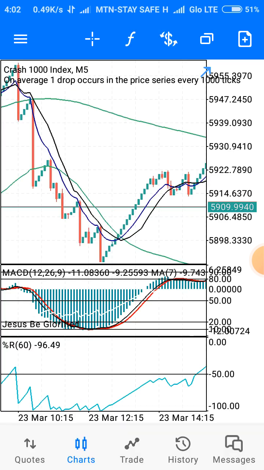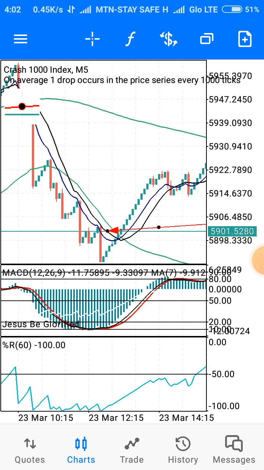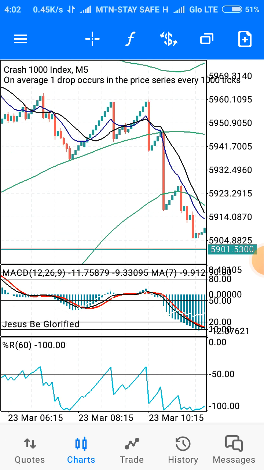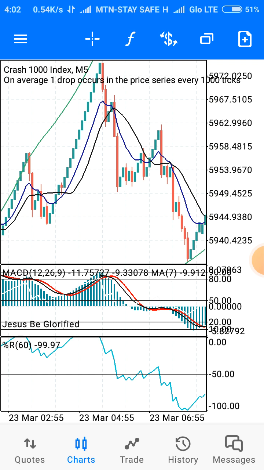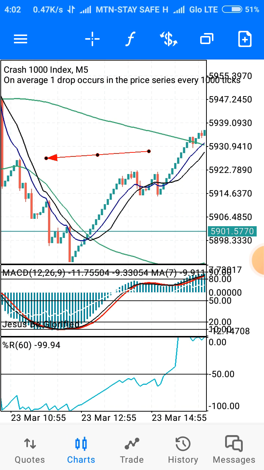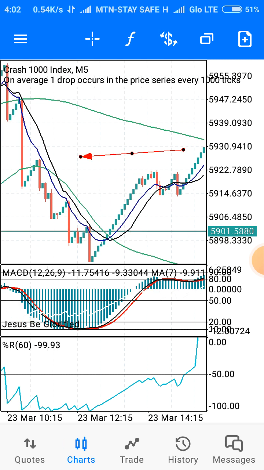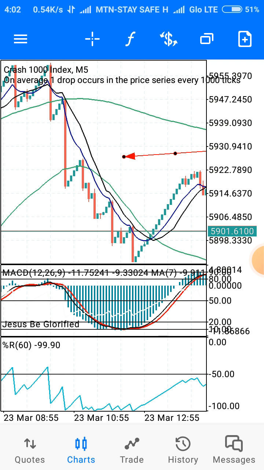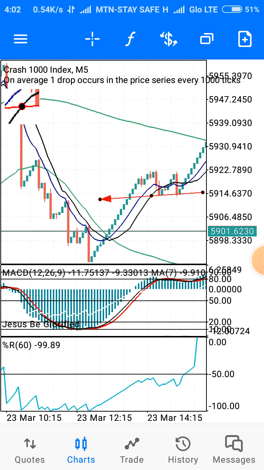And here we have a typical example of what we are trying to talk about. You see that this price moves all the way from this upper band down to the lower band. Here is our target. So when you see the price approaching the lower Bollinger Band, the next thing you look for is that you want to see the price break out of the band.